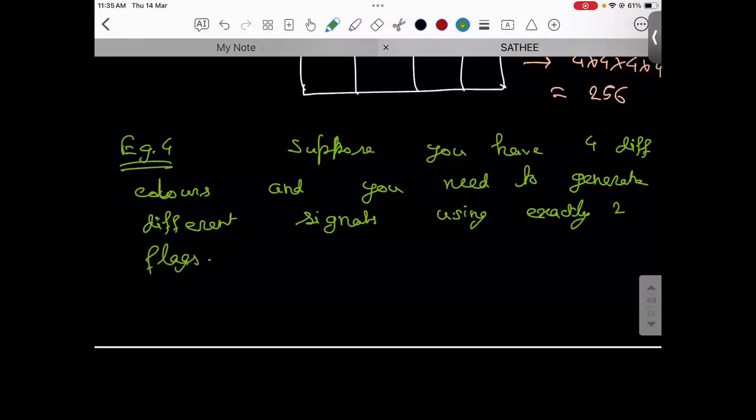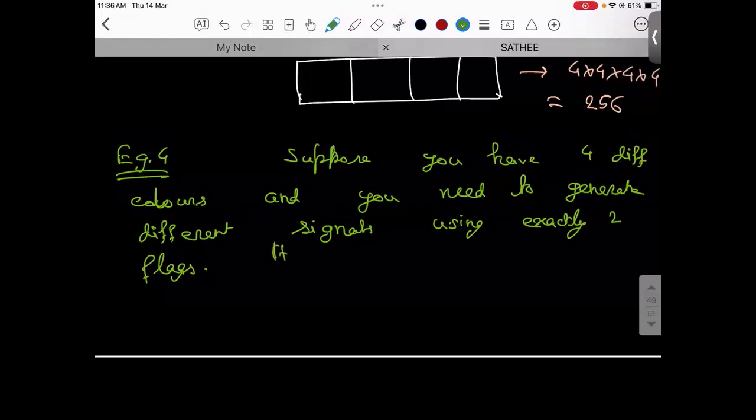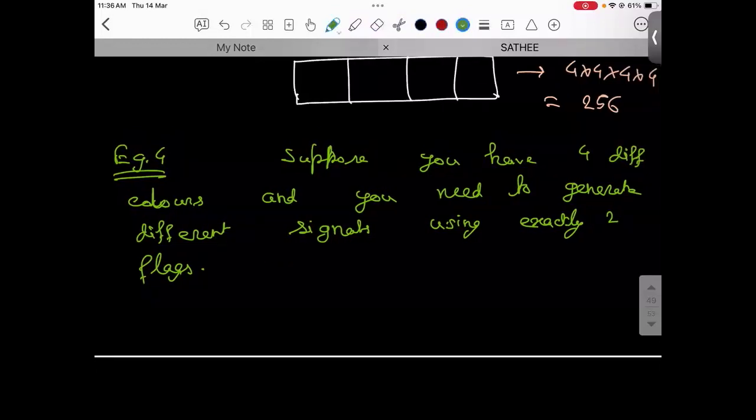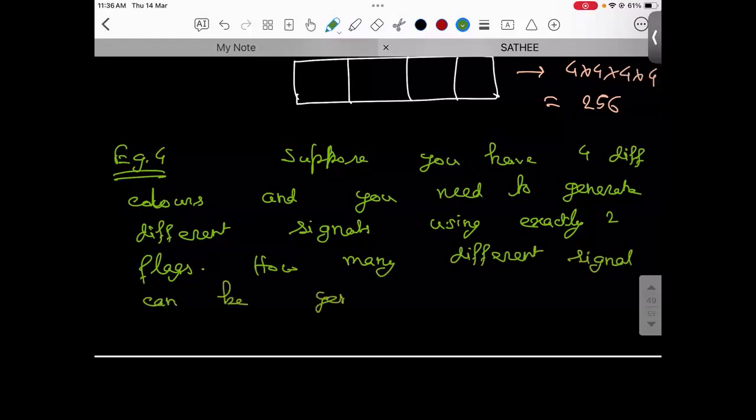So how many different signals can be generated?